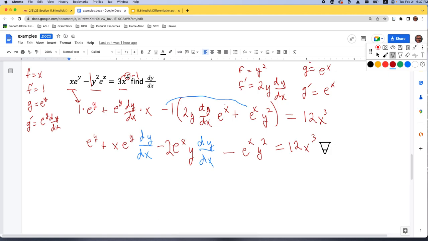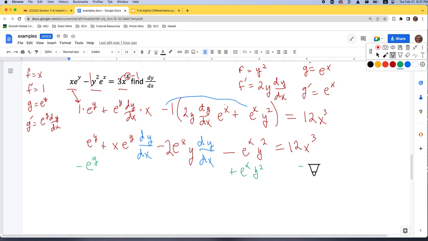So you see what we have to do? Anything that doesn't have a dy dx, we want to either add it or subtract it to get it to the other side, right? So let's go with green. I see this first term, I'm going to subtract that just to get it out of there. And then this last term, I'm going to add it, e to the x, y squared, and it'll all come over here.